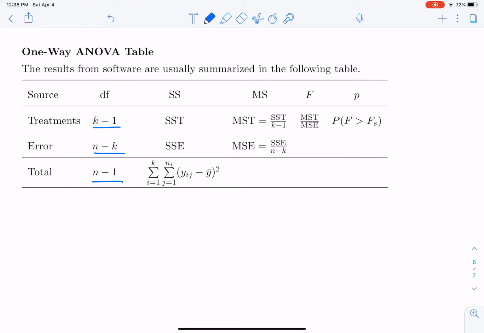They'll give you the sum of squares treatments, sum of squares error, and then the total sum of squares, which is the sum of the two sum of squares that I've underlined. It'll give you the mean squares treatments and the mean square error. It'll give you the F statistic, and then usually the p-value, so the probability that F is bigger than your F statistic. And that's usually what you would get out of software when you're looking at a one-way ANOVA test.